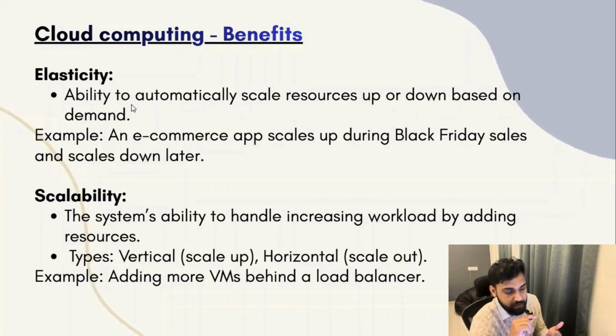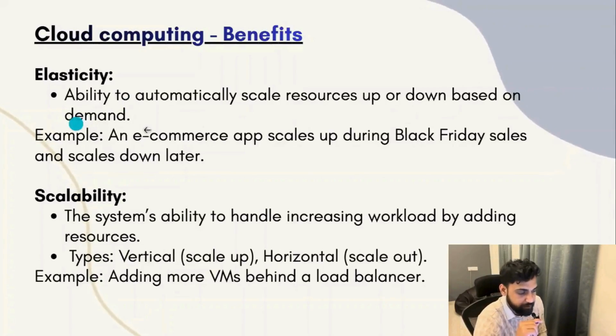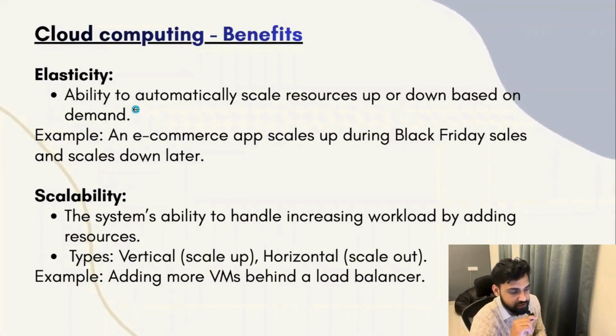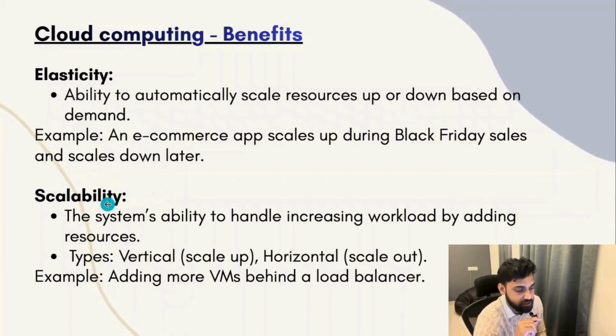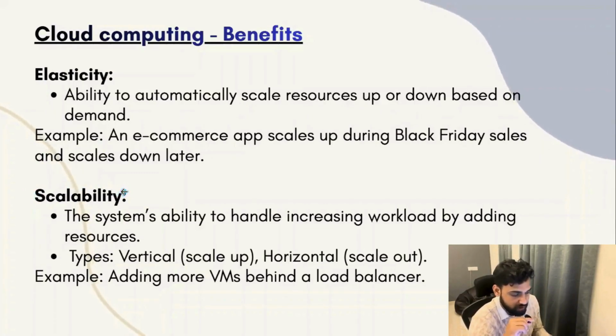You will buy 3 or 4 extra copies of that server. That feature is called elasticity. Then similarly, we have scalability. This also looks similar, but scalability is also an important feature.